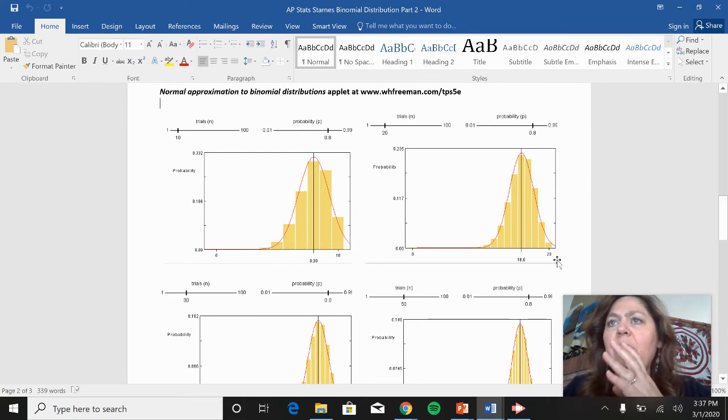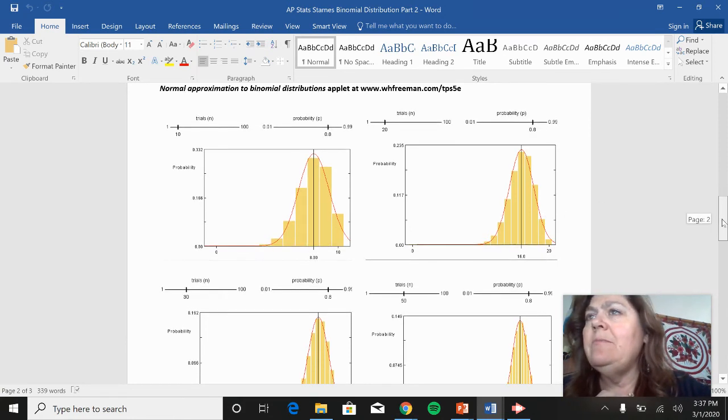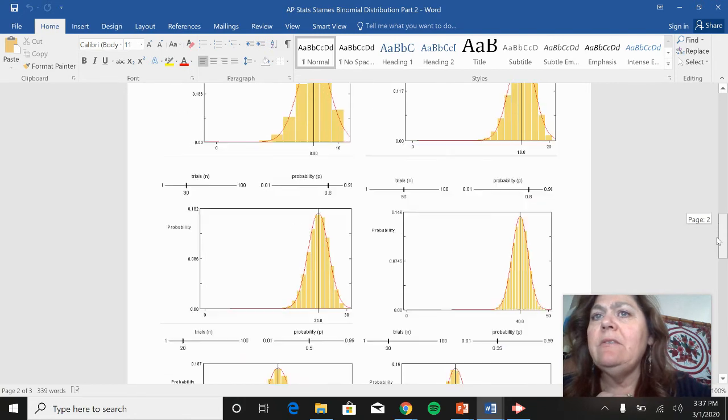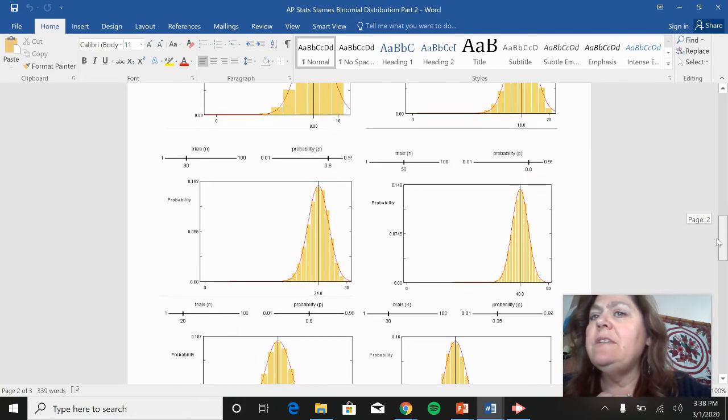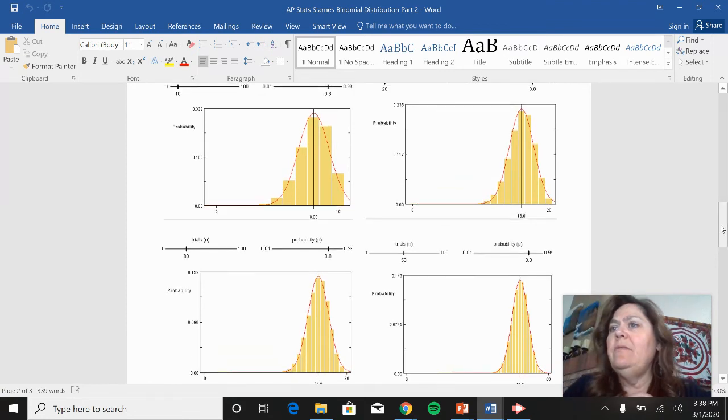Sort of normal-ish, but with quite a few problems. As n increases, we went to n being 20, 30, 50. What is happening to that? You should have noticed that it's still sort of skewed left because there's a teeny tiny tail that goes along here. However, it is definitely more and more normal.